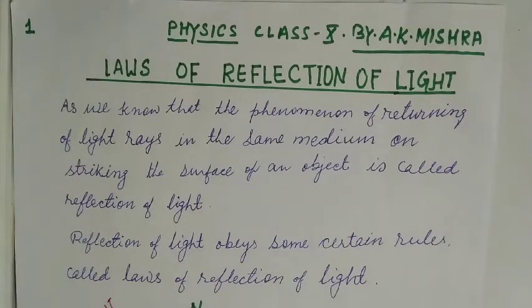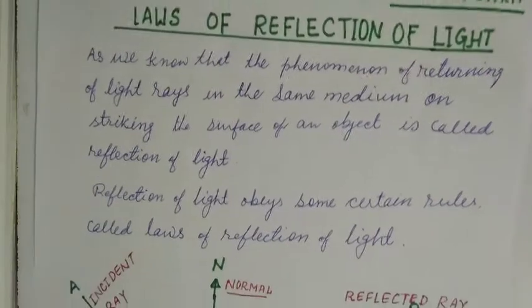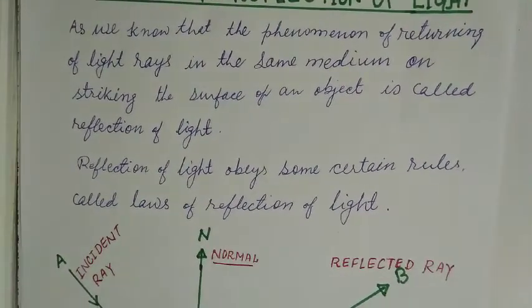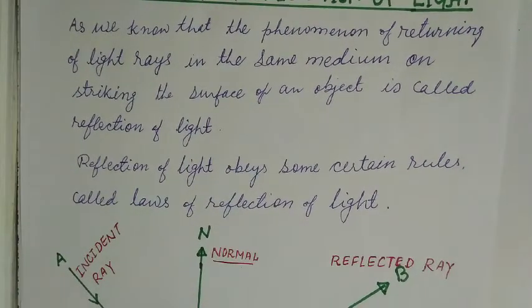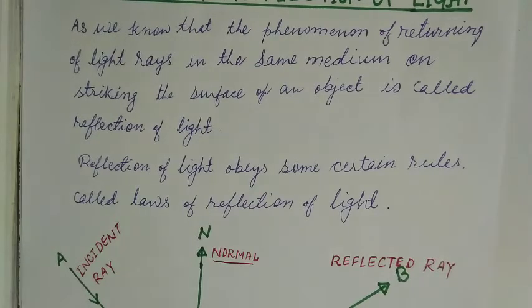So reflection makes an object visible, which is very important for us. Reflection takes place on any surface, due to which the reflected rays occur according to some rules which are called laws of reflection of light.